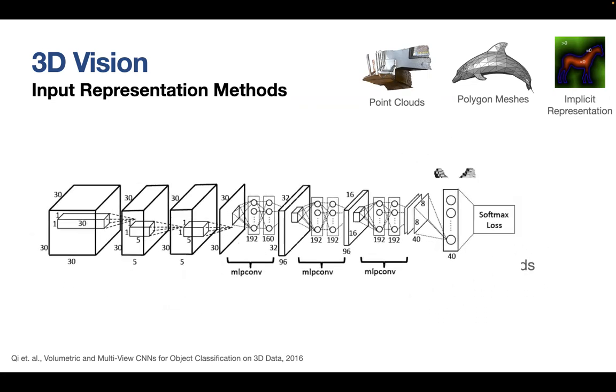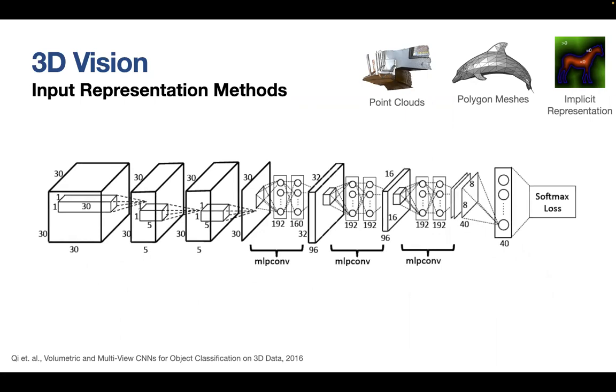Let's have a look at how they utilize 3D volumetric grids. As we can see on the left-hand side, this has an input of 30 by 30 by 30, which is like an object.